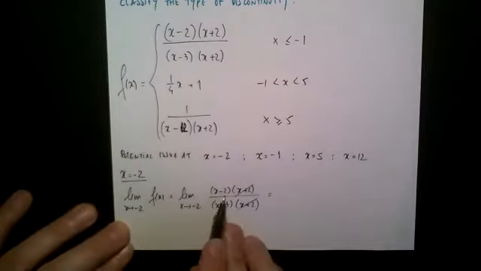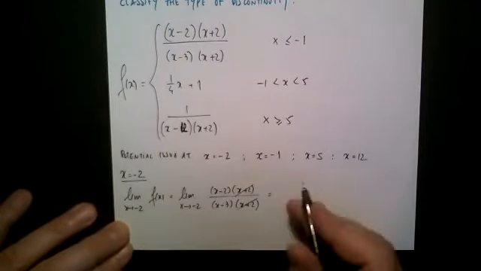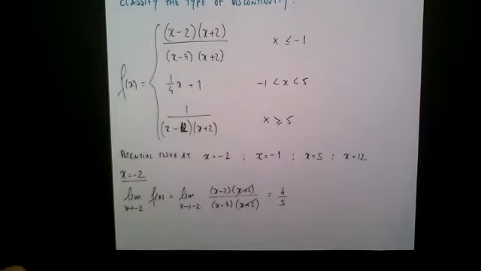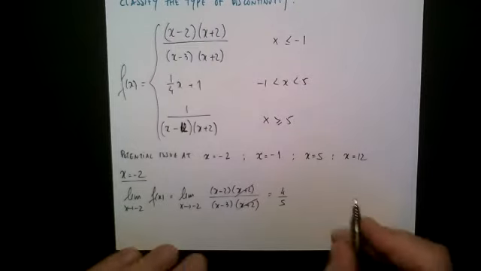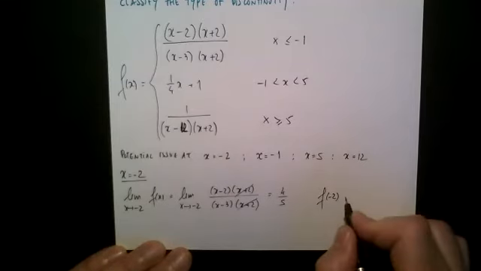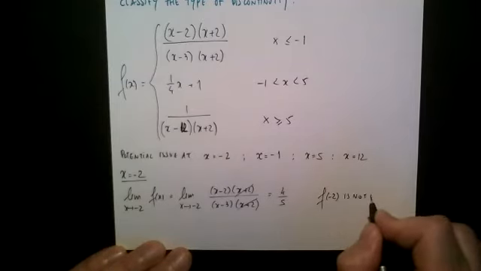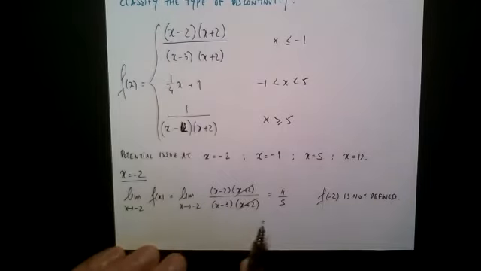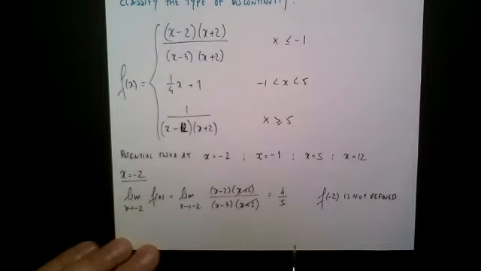If you plug in -2 here, you get -4 over -5, so 4 over 5. Okay, so the limit exists. But f of -2 doesn't. So what can you say about this function at -2? What type of discontinuity do we have?